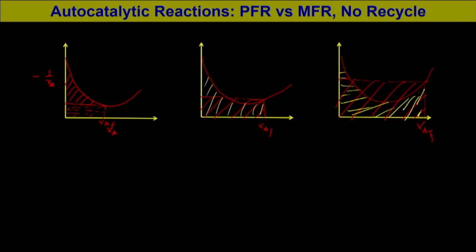So, we can see that at low conversion the MFR would be superior, as the volume requirement for CSTR would be small compared to the plug flow reactor volume.